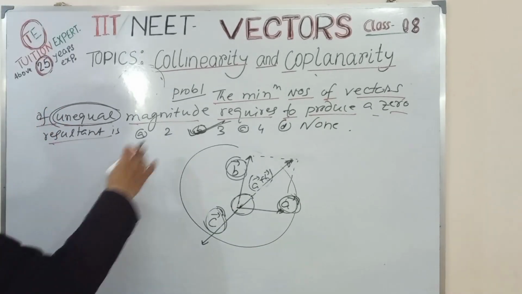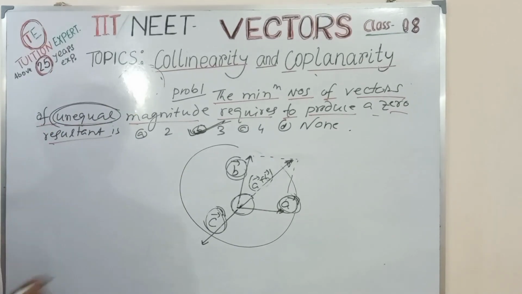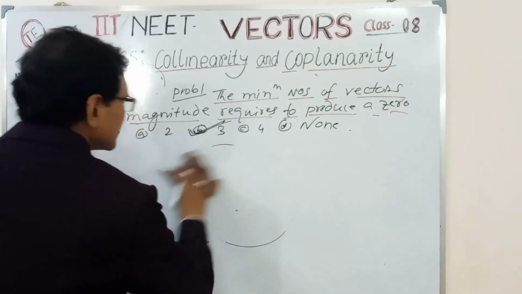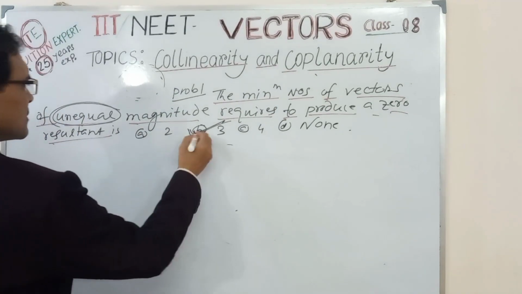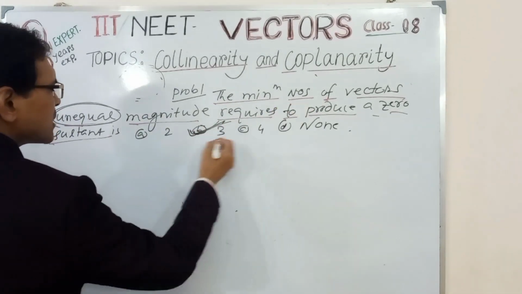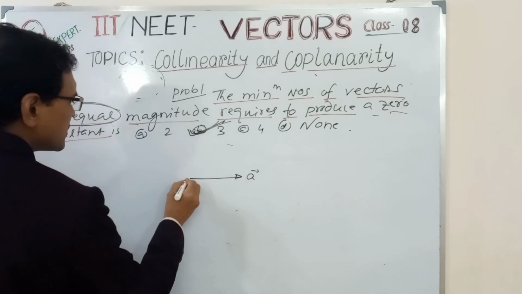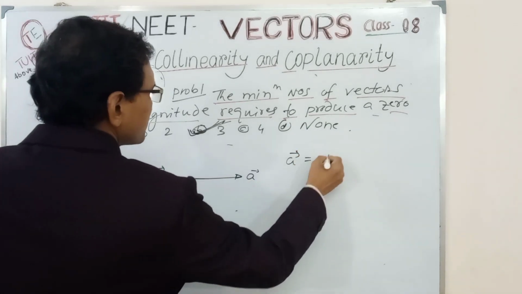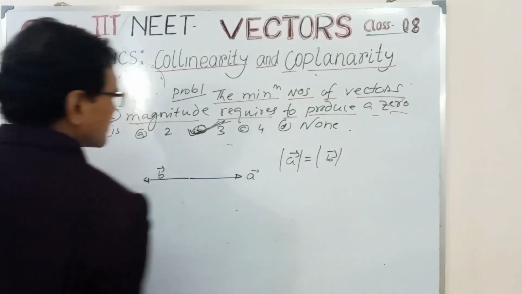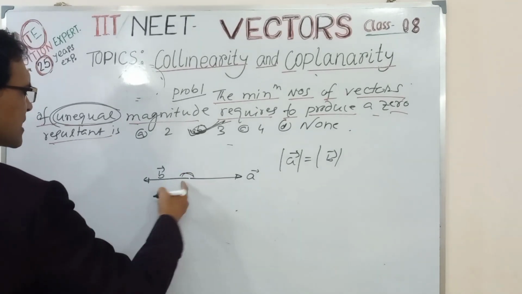Now if you ask for the minimum number of vectors of equal magnitude, then it becomes 2. For unequal magnitude, the number of vectors required is 3. For equal magnitude, suppose this is A and this is B, just opposite, so their resultant is 0.